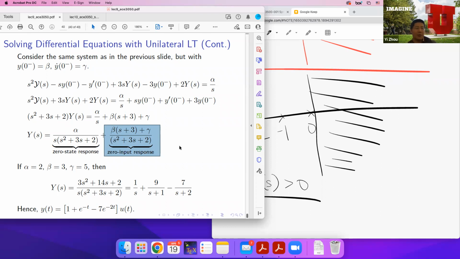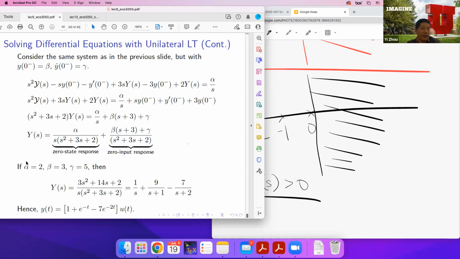I think you must have learned these concepts in the circuit courses. Given a circuit, we have 0 state response and 0 input response. And the final output is a superposition of these two.